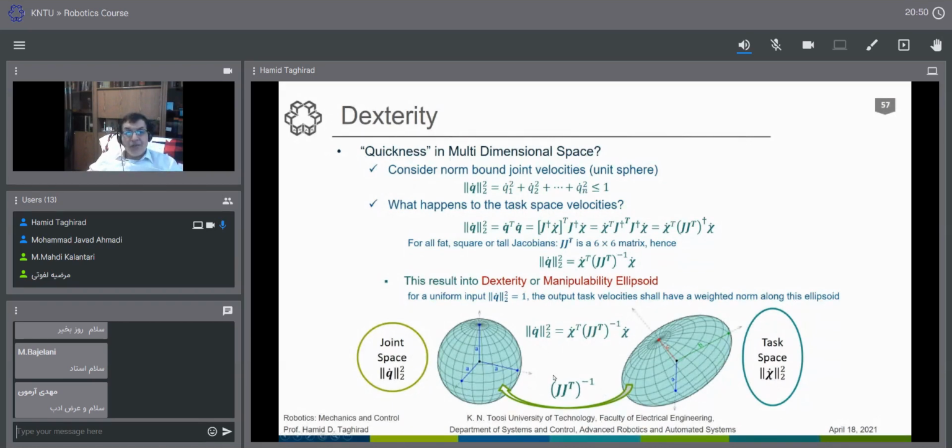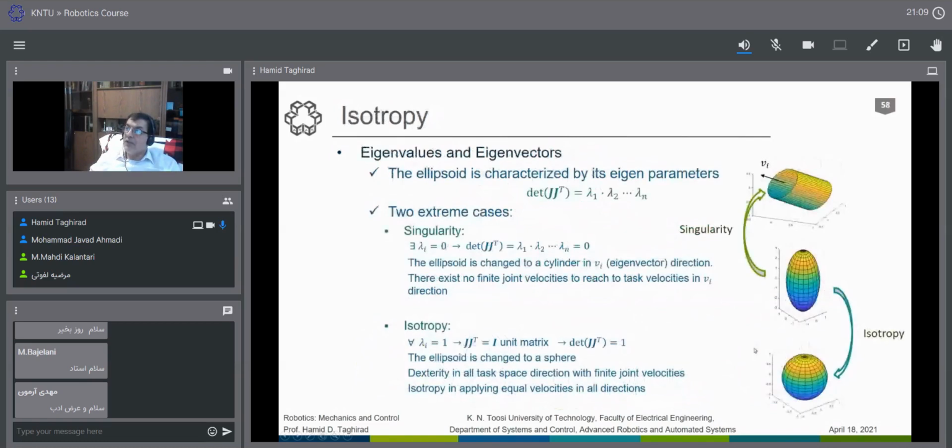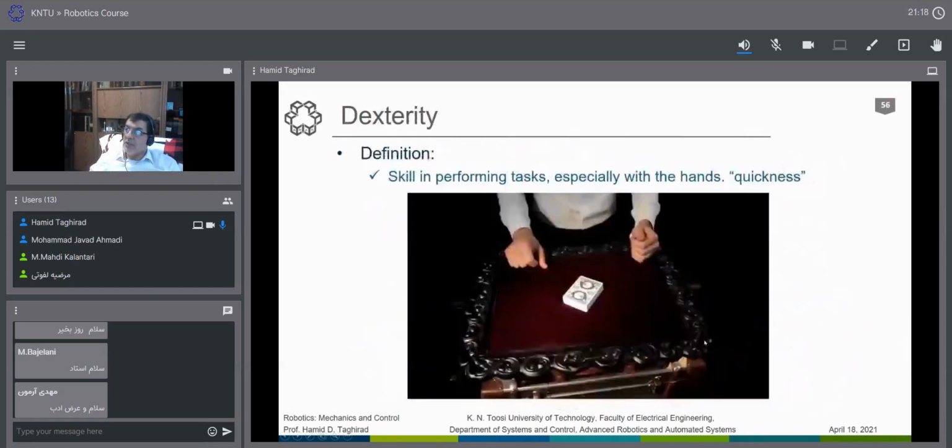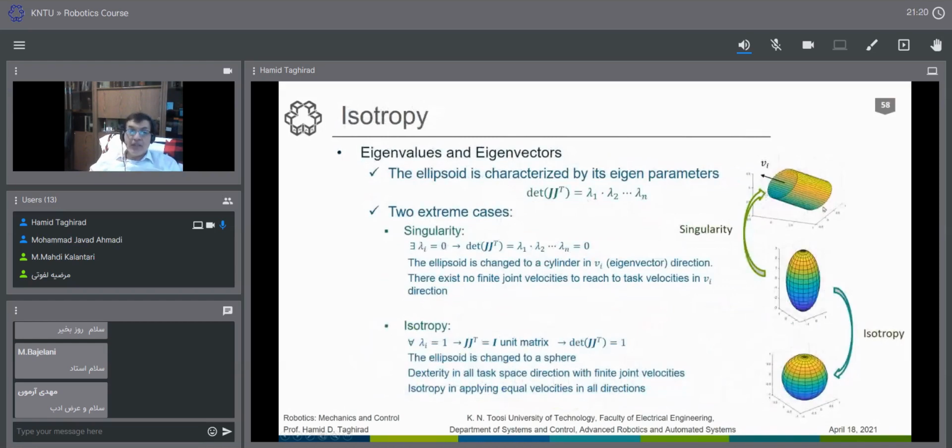And this will provide different physical properties to the action or the relation that we can have in our end effector and in the task space speeds. So we showed also that we have two types of extreme values. One extreme value is that this ellipsoid that we show here becomes a cylinder.